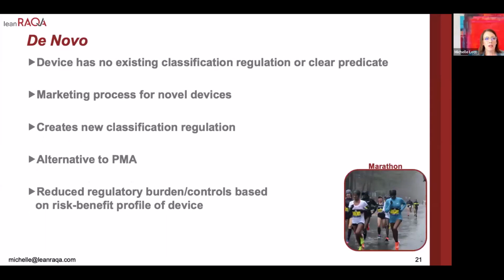A de novo is a submission for a device that has no existing classification regulation or clear predicate. Like I mentioned when I discussed the product classification database, the FDA actually has separate regulations and separate product codes for every product it regulates.